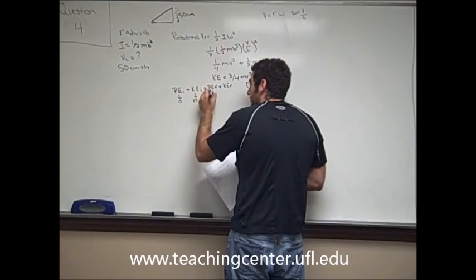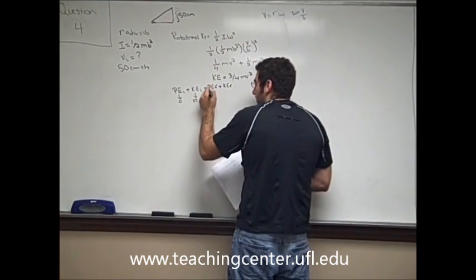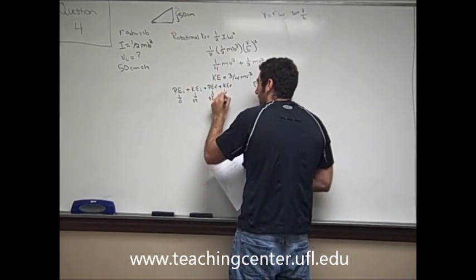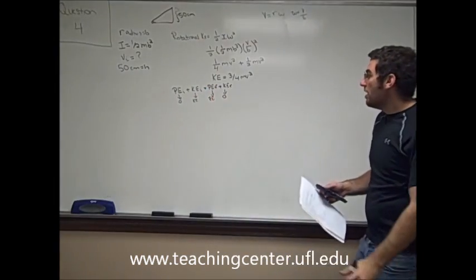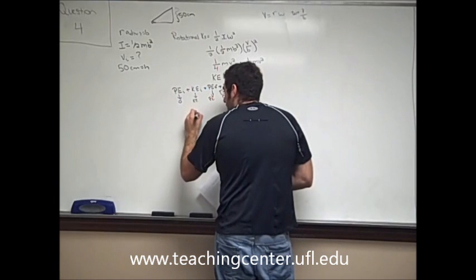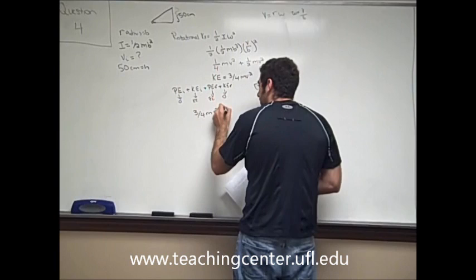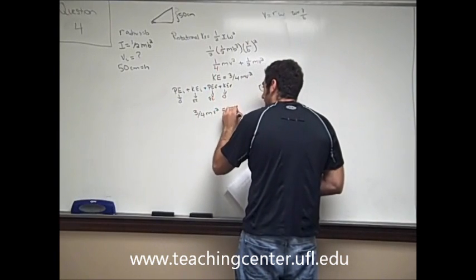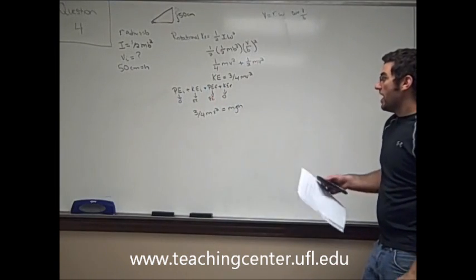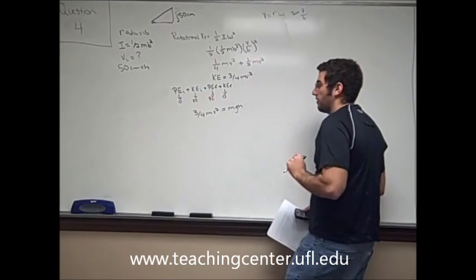And then the cylinder is now at the top when we're final, so we have potential energy but no kinetic energy. So the kinetic energy, 3/4 mv squared, is equal to potential energy, which is mgh.